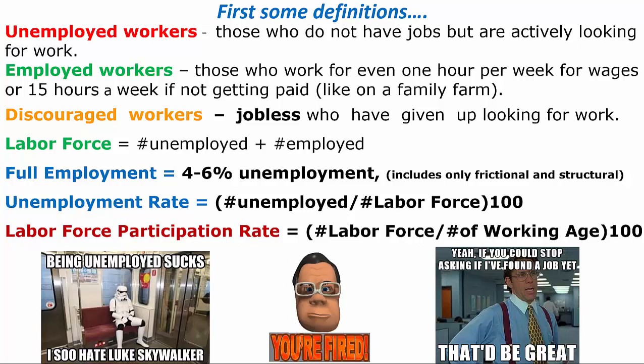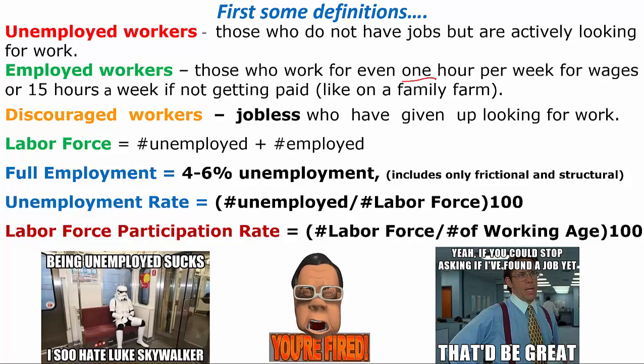The government classifies workers as employed if they are working just 1 hour a week for wages or 15 hours a week and not getting paid. Like if you worked in a family business, for example. Or volunteers, they're considered employed as well. Now the kicker here is that if you just work 1 hour a week for wages, you're considered employed. So keep that in the back of your mind.